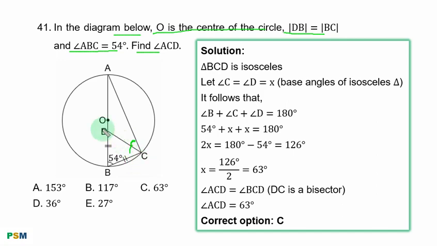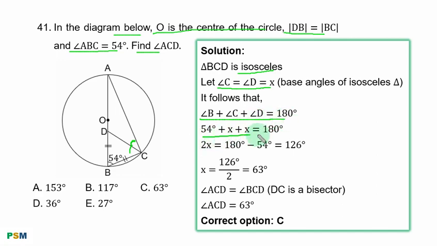In that triangle, the base angles are equal because it is an isosceles triangle. So let the two equal base angles be equal to S, so that in triangle BCD, if you add the three angles, the sum is equal to 180 degrees.